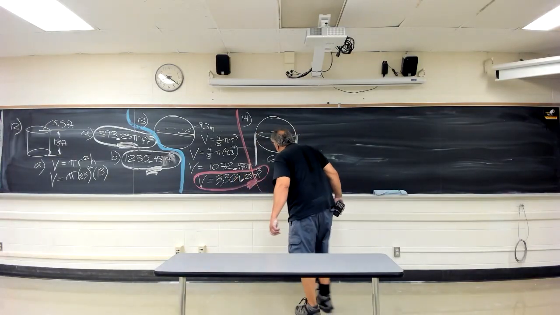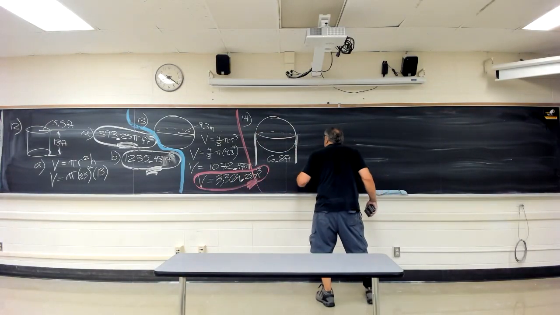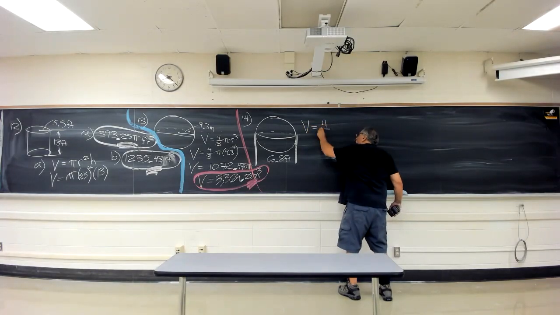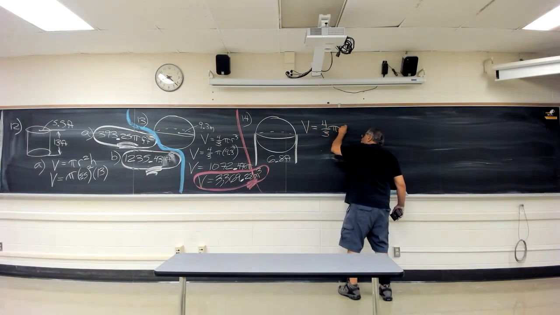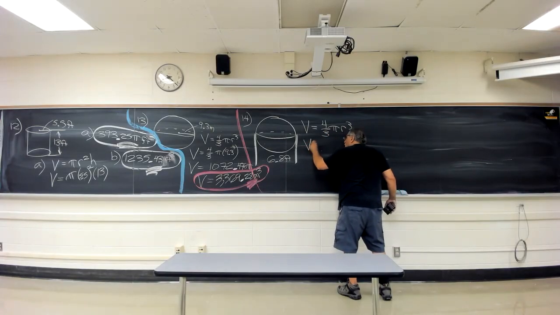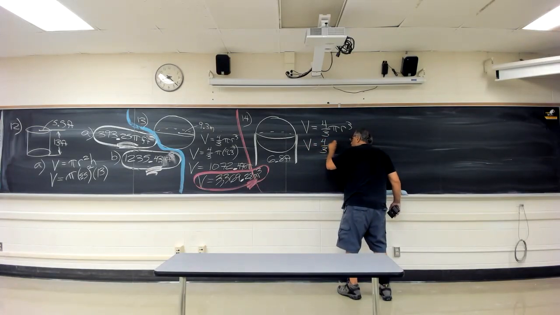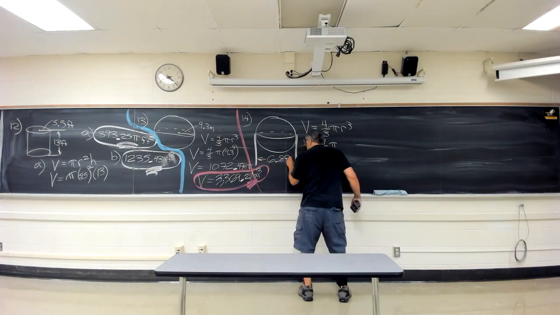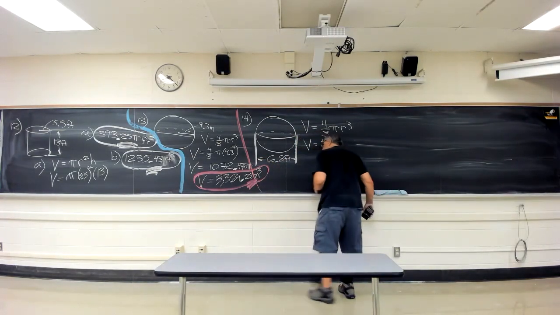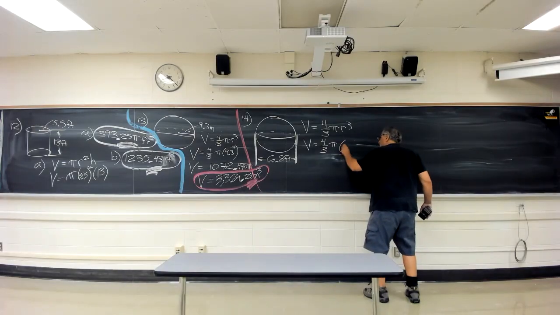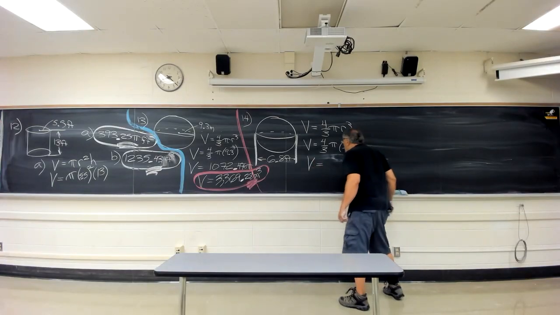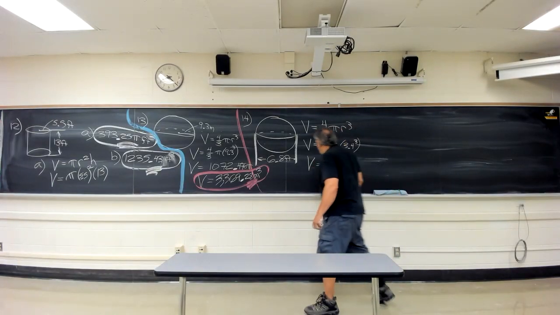Over here, they want an approximate answer. So let's get it together. We got 4/3 pi r cubed. If this is the diameter from here to here, they gave us this for the figure. That's the diameter. The radius is half of that. So we're going to take 3.4, cube it.